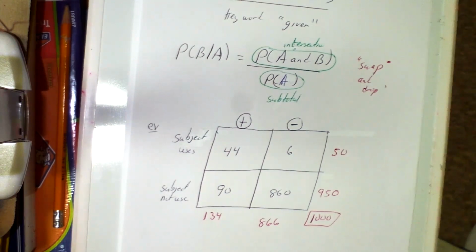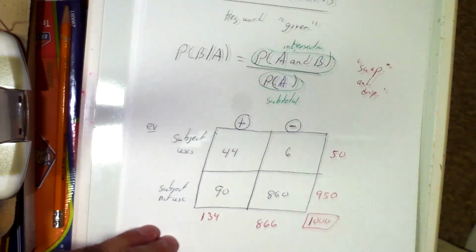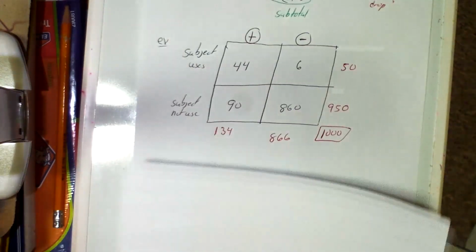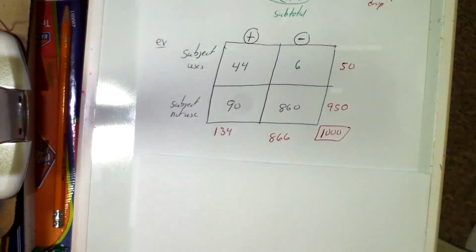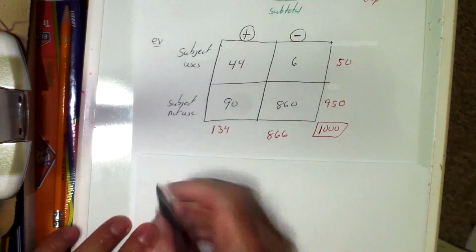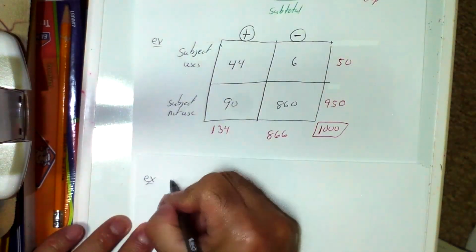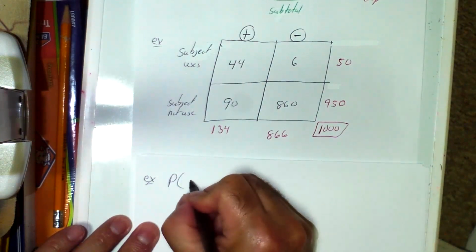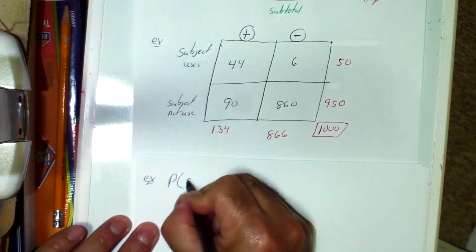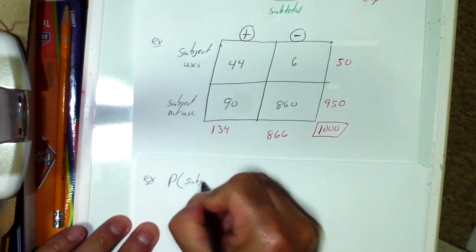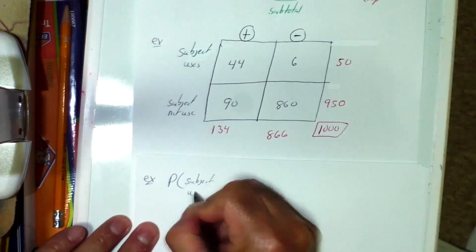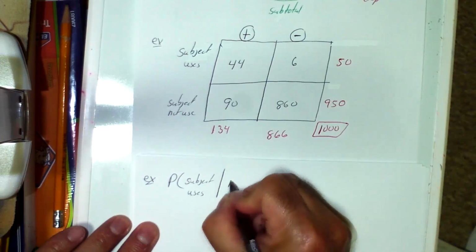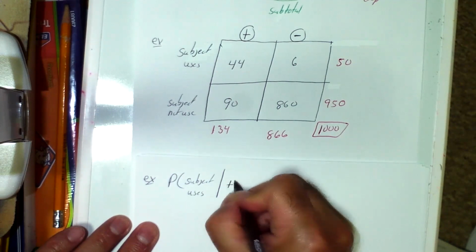All right, so let's do 2 examples. Let's suppose, based on our table, I want to find the probability of subject uses given positive test result.